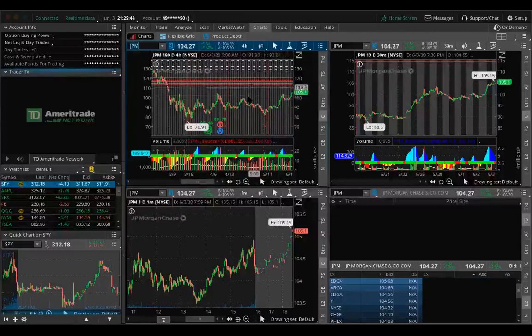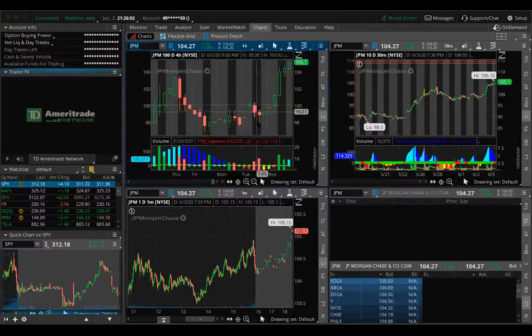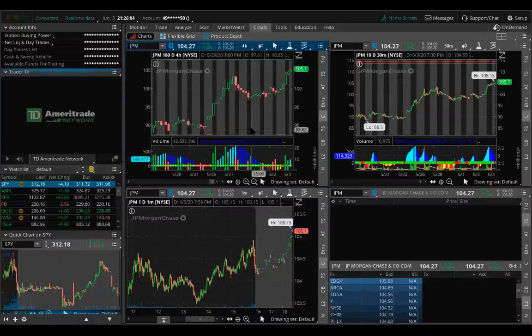Feel free to write some of this down because you could be building a watch list for tomorrow. And if you guys have any tickers that you want me to look at, feel free to drop some in the chat, and I'll be sure to check them out. JPM. I don't genuinely trade JPM. I genuinely trade GS, and sometimes Bank of America, but JPM is a good one.